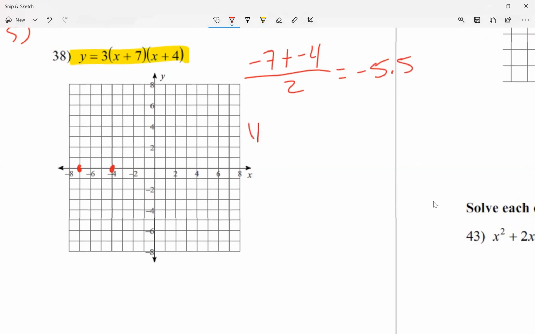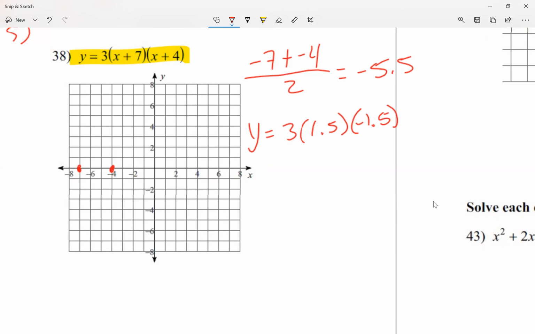So I'm going to write y equals 3, my first parentheses, x plus 7. I know x is -5.5. So x plus 7 should give me 1.5. And in the second parentheses, x plus 4, I know x value. So x plus 4 should give me -1.5.